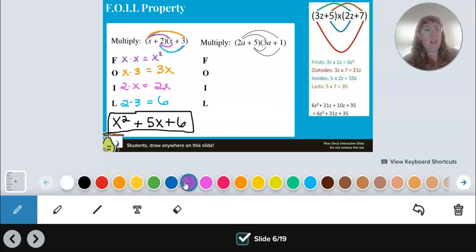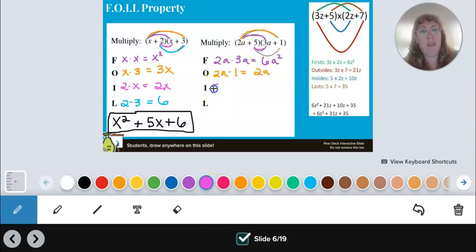Beautiful. Same thing on the right. First two terms is 2a times 3a, which is a 6, 2 times 3, and then a squared. Outside is 2a times 1, which is just 2a.